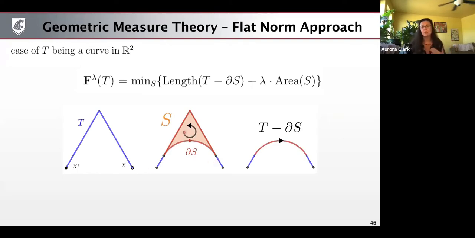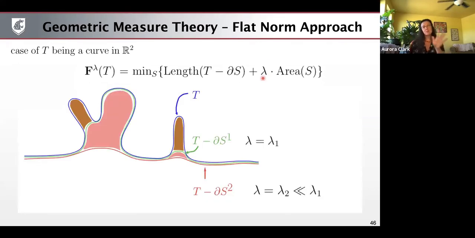The area that is being pulled off is governed by this lambda variable. In a slightly more complex example that looks a little bit more like an interface, we can systematically tune lambda, and we can look to see how much area is pulled off of this 2D surface.